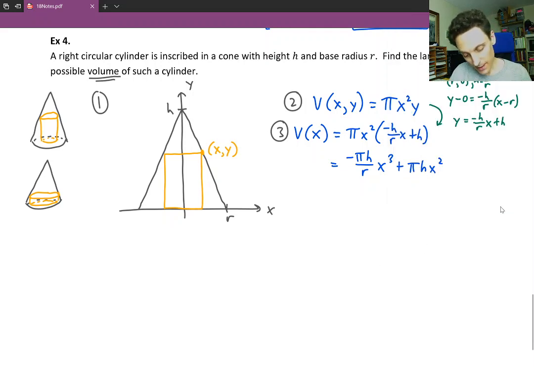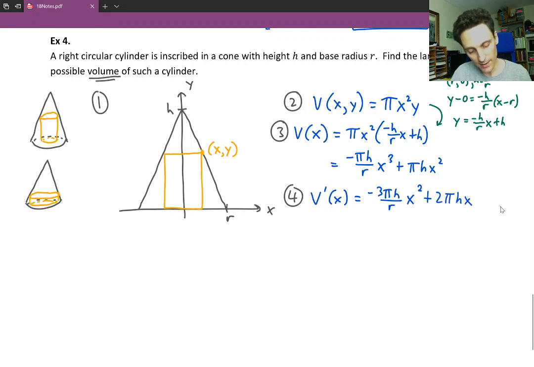Now we can move on to our fourth step, which is take the derivative with respect to x. So we'll get negative 3 pi h over r x squared plus 2 pi h x. Okay, we can factor this out.